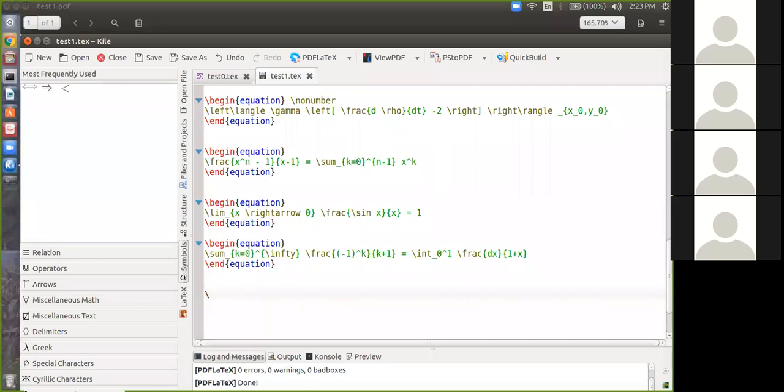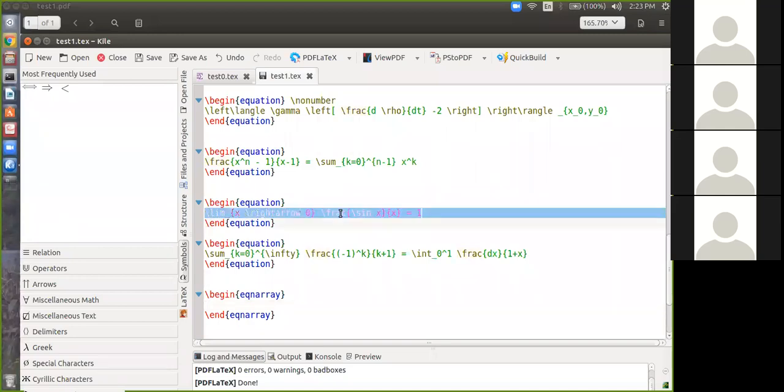The command for that is similar: begin eqnarray, that is equation array, and end eqnarray. So you can write more than one equation.